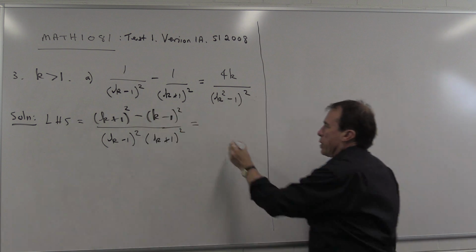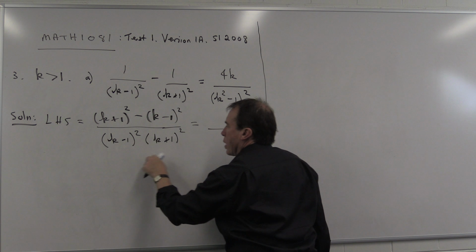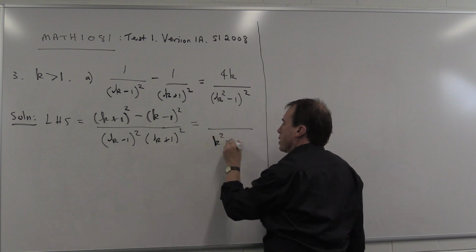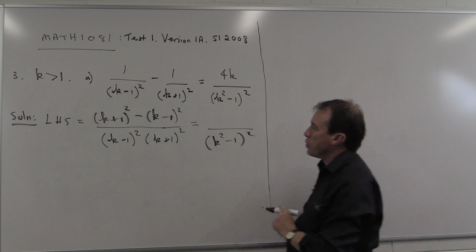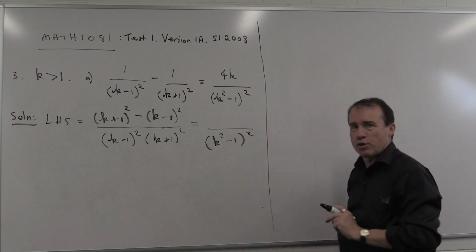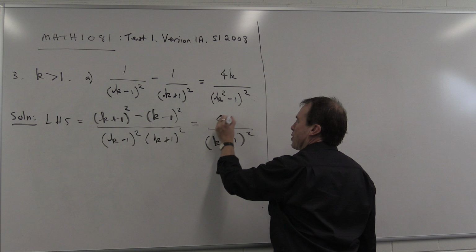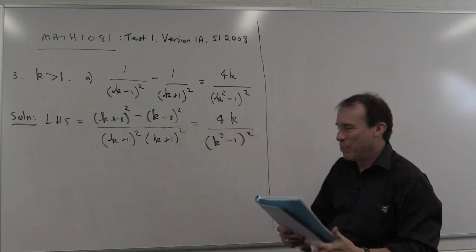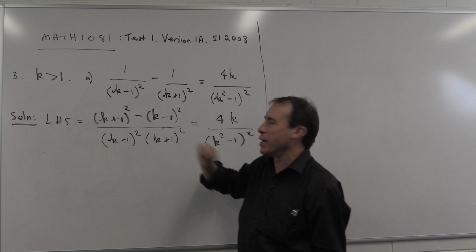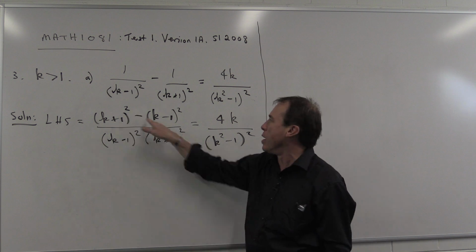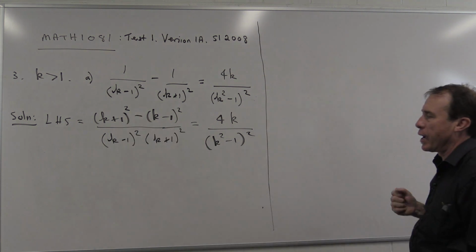and then I get k plus 1 squared minus k minus 1 squared. And now in the denominator, I've got k minus 1 times k plus 1, so that's difference of two squares, all squared. And on the top, well, you can sort of cheat at this point. You can just say, look, it's obviously equal to 4k, because you can do the expansion mentally. You get k squared minus k squared cancels, 1 minus 1 squared cancels.